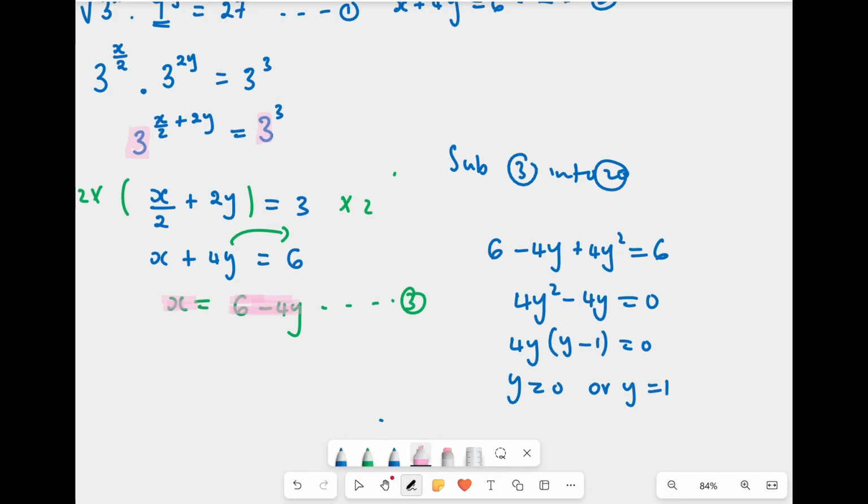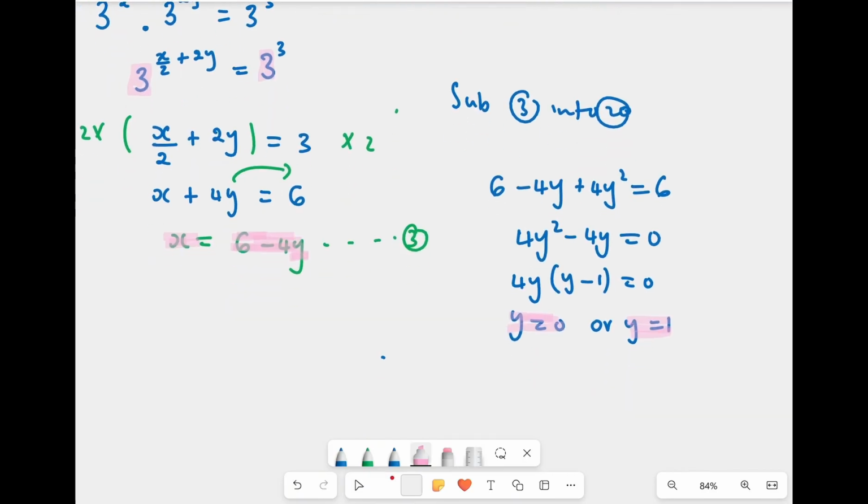Now we have found the values of y. Now we need to calculate the values of x as well. We can substitute these values of y in equation number 3. So where there is y, we are going to put 0 first. If I put 0 where there is y, I am going to get x is equal to 6. Where there is y, I can just put 1.